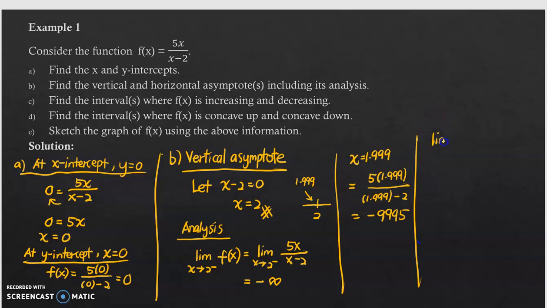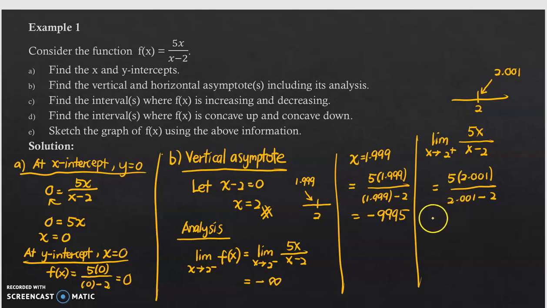Same as the second, let's say, limit when x approaches 2 from the right hand side for the function 5x over x minus 2. Again, we have the value of 2, approached from the right hand side. I try to substitute 2.001. So 2.001 minus 2, here I should have 10,005.